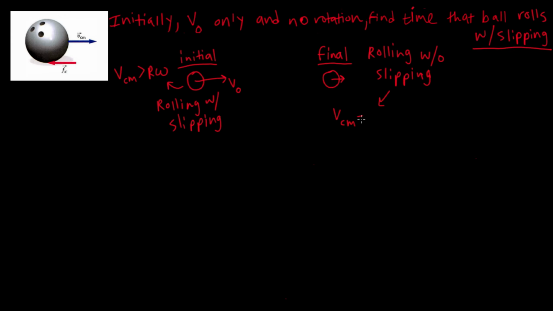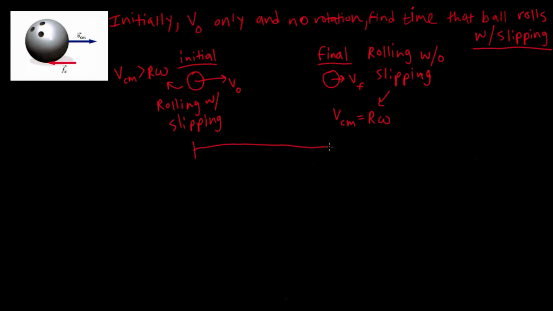Since the object is rolling without slipping, the velocity of the center of mass is equal to the radius times the angular speed. This is the non-slip condition, and it has to be satisfied in order for the object to roll without slipping. The final velocity is just denoted with Vf.